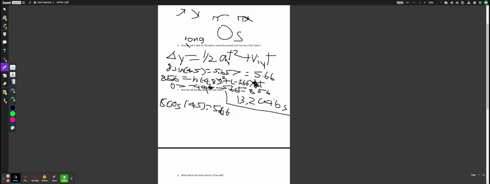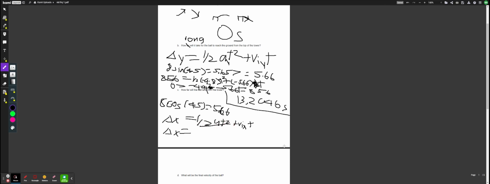Now that we know the time, all we need to do is plug in the displacement again. So delta x, which is what we're solving for now, is equal to 1/2 a t squared plus v_ix t. First, there is no acceleration in the x direction, since there's only initial velocity, so we can just cross this out.